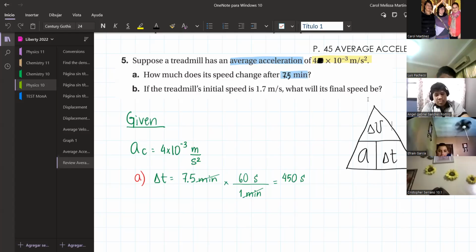And when it talks about speed, it's about velocity. But the problem says a very important word, speed change. Remember that anytime we talk about change, we talk about delta, okay? So when we talk about speed change, it's like saying velocity change.